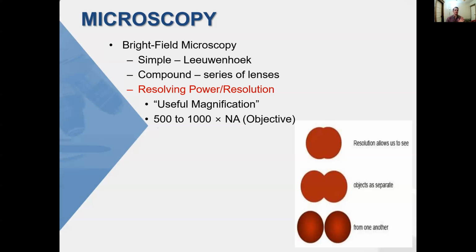I know that sounds pretty convoluted, but essentially what it means is there's no point in trying to have the resolution exceed what your eye is actually capable of perceiving. So the range of useful magnification for an objective or eyepiece combination is defined by the numerical aperture. You're definitely going to have to be familiar with that term, numerical aperture.